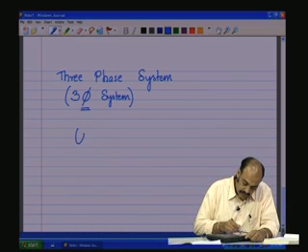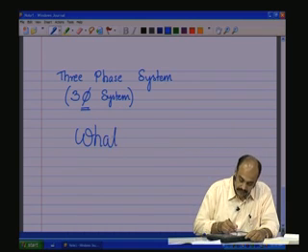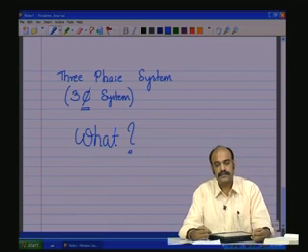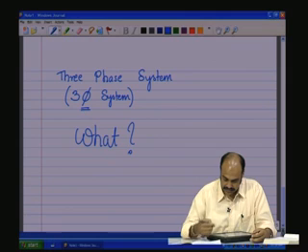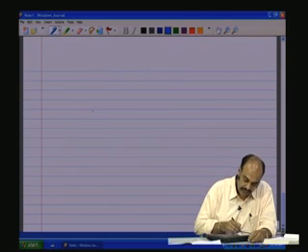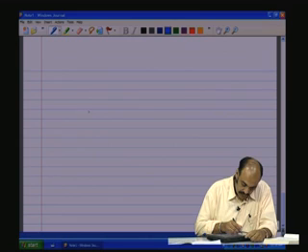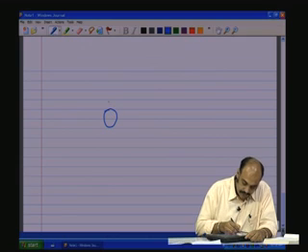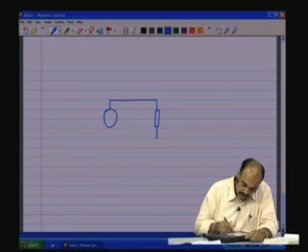Now, what is this 3-phase system? How does it look, what is its character, and what are its features? Let me take a sinusoidal voltage source and connect it to a resistive load as shown.